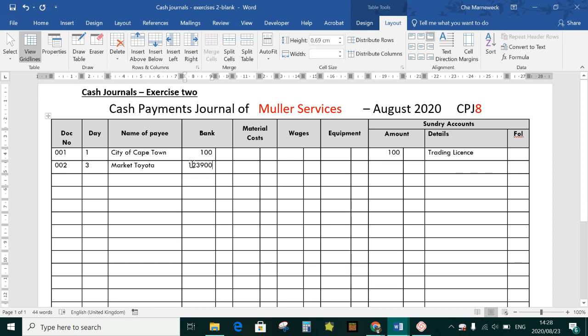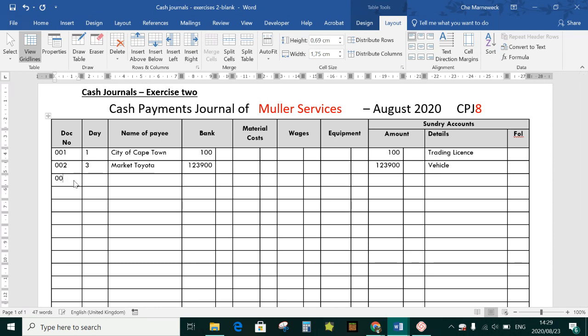A delivery van is called a vehicle in accounting. So we look to see if there's a column called vehicles. There's not. So we would go straight away to our sundry accounts and enter the value 123,900, and we have purchased a vehicle.